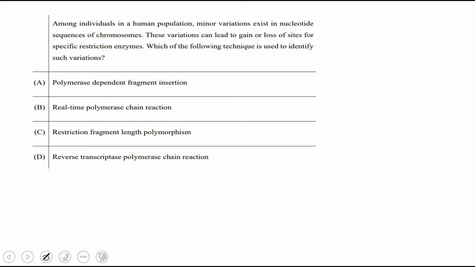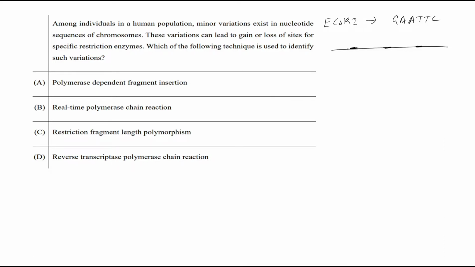Let me explain what the question is asking. For example, consider EcoRI enzyme, which recognizes the site GAATTC. It is the recognition site. Consider a human chromosome on which there are three restriction sites present.